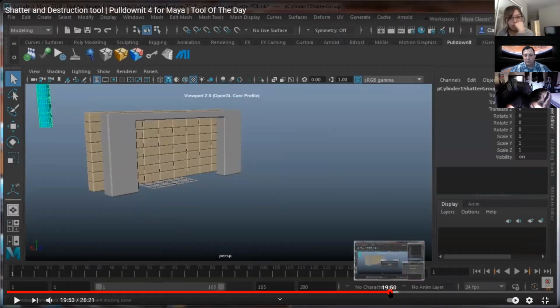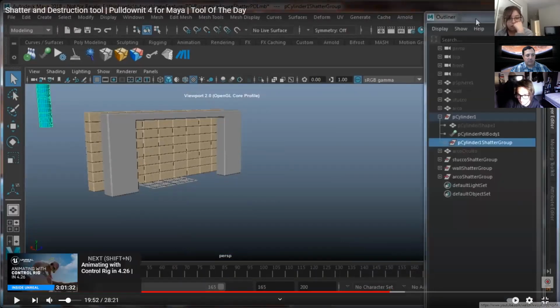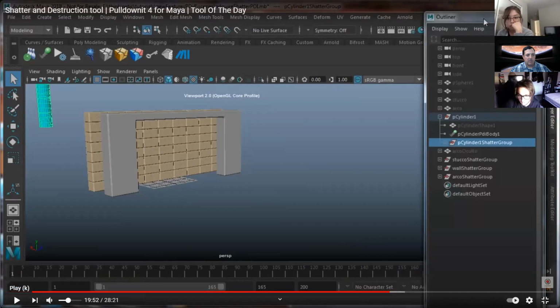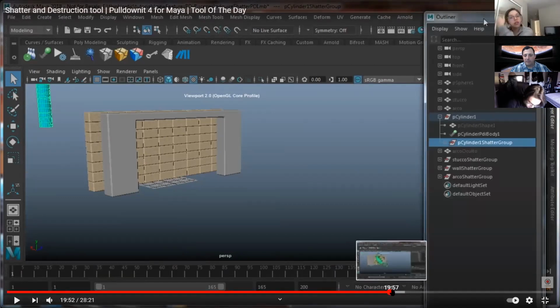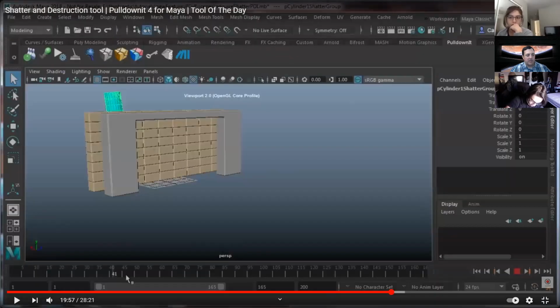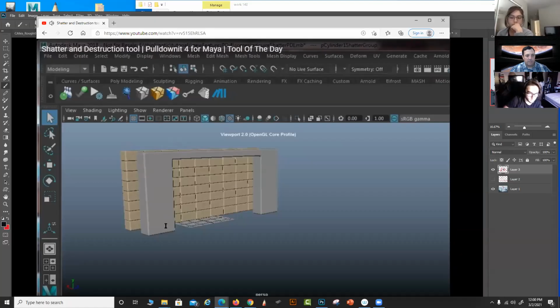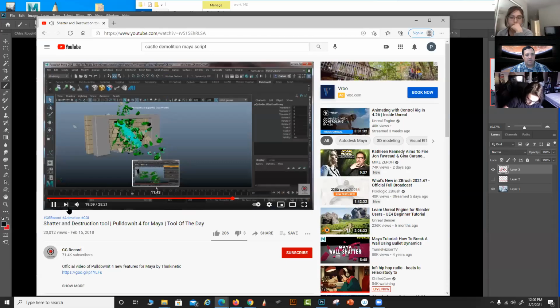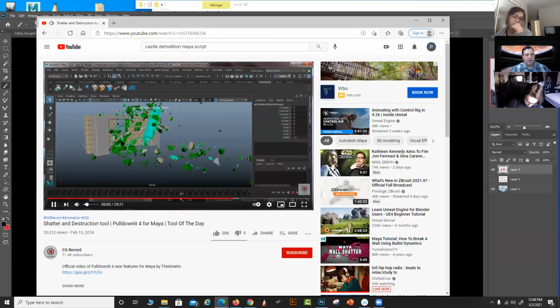Why is it not playing? I'll go piece by piece. But if I play the theme, there. Continue. So you could see all the pieces and how it would fall apart.